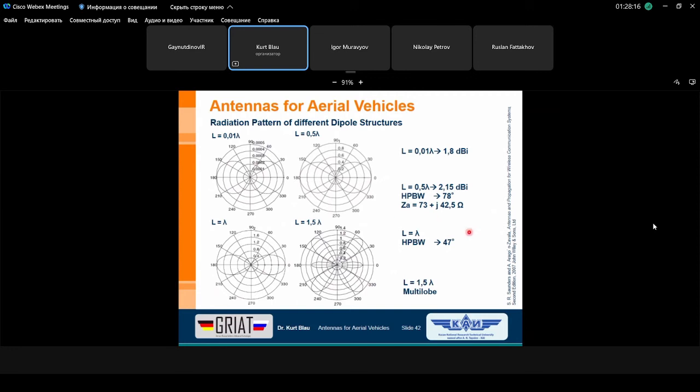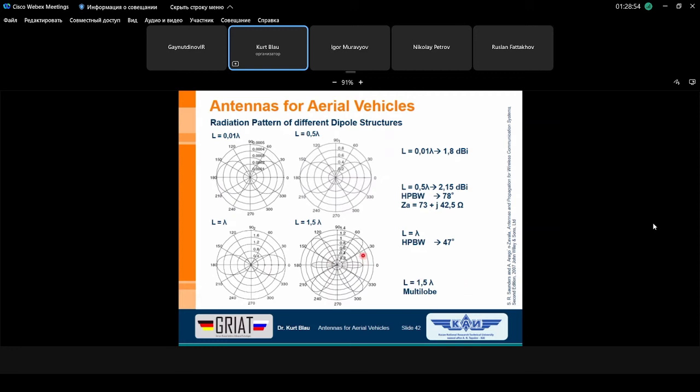If we make the dipole one wavelength long, it's a little bit more critical with feeding and so on, and we must be very careful changing the frequency. And if the length of the dipole exceeds the lambda, then we have a multi-lobe behavior of the pattern.